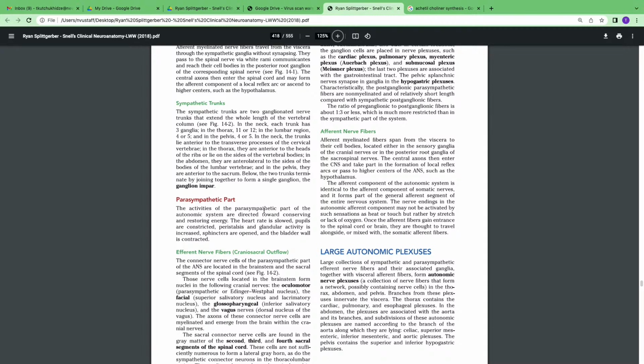it is mostly concentrating on conserving and restoring energy, while the sympathetic system is mostly the fight and flight system, right?